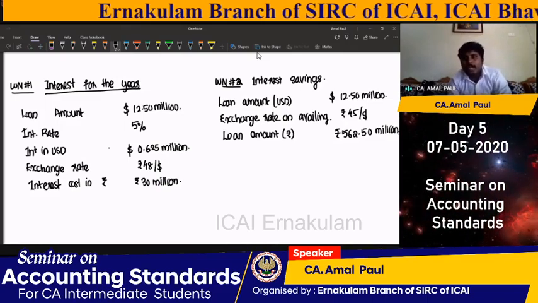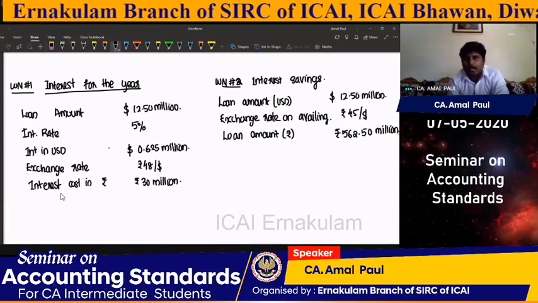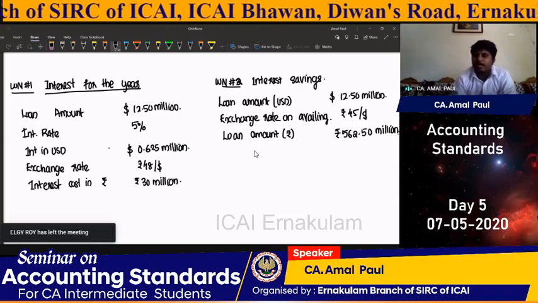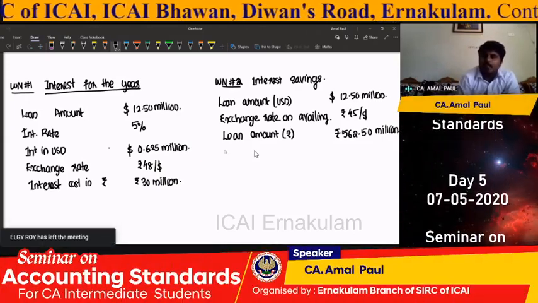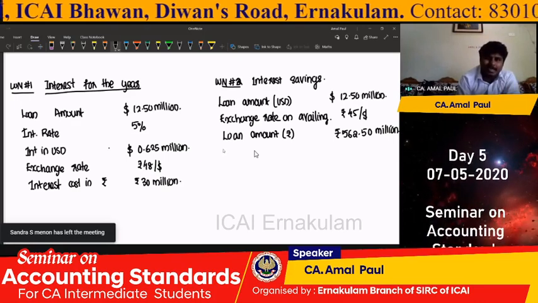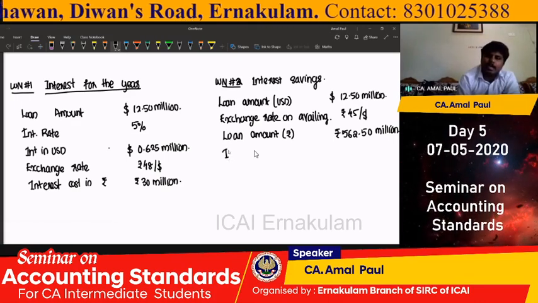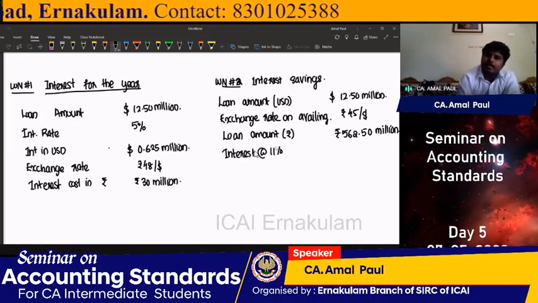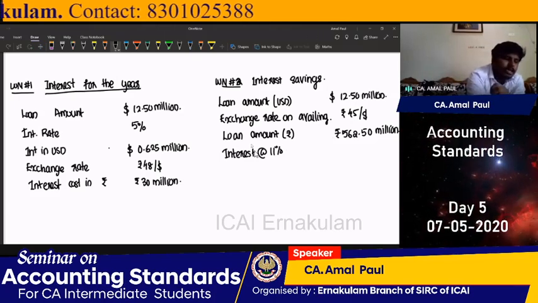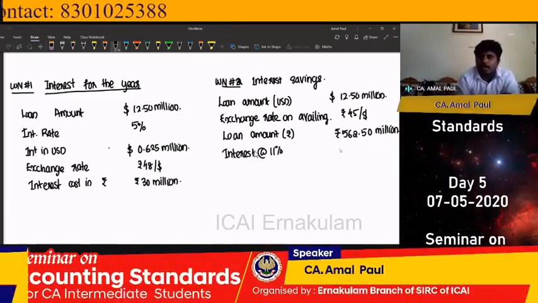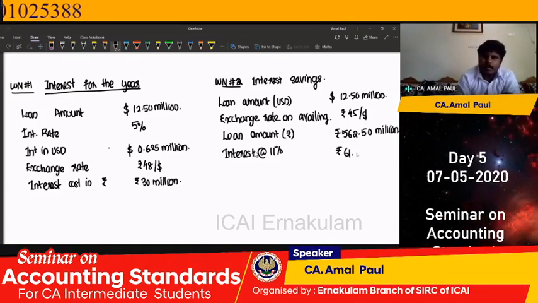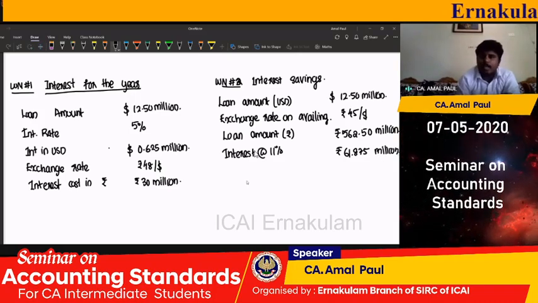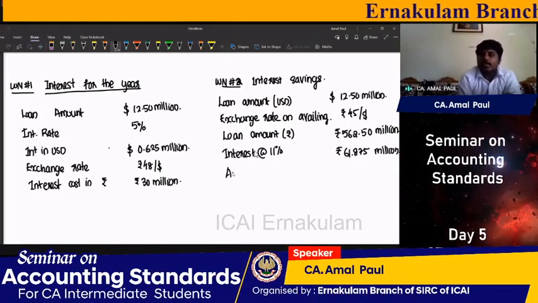If you had taken the loan from India, your loan amount would have been 562.50 million rupees. If you had taken this borrowing in Indian rupees, you would have paid interest at the rate of 11% on this amount. So your interest in Indian rupees would have been rupees 61.875 million. But what is the actual interest?